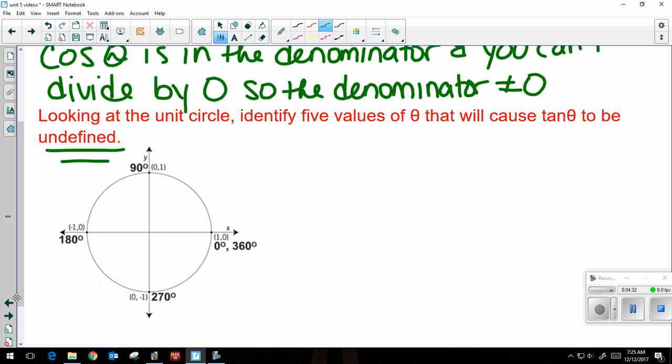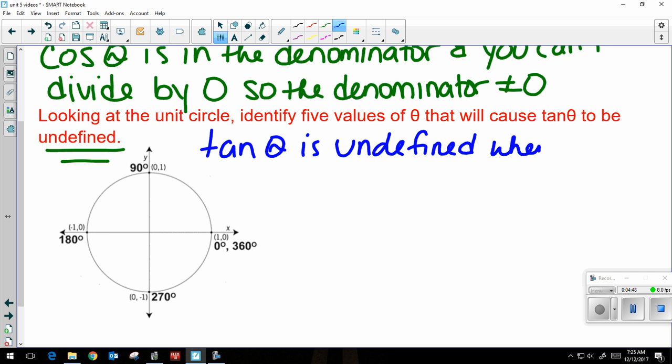So looking at the unit circle, identify 5 values of theta that will cause tangent theta to be undefined. So tangent theta is undefined when cosine theta equals 0.